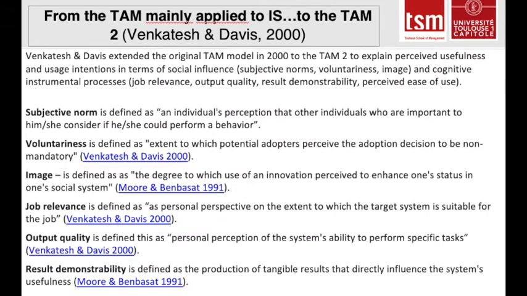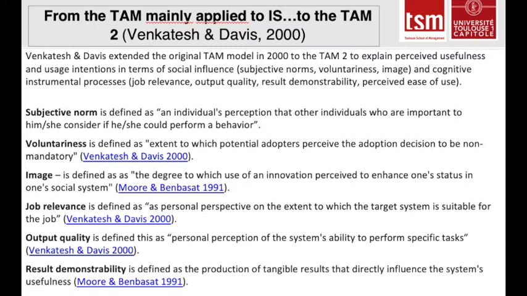Venkatesh and Davis extended the original TAM model in 2000 to the TAM 2 to explain perceived usefulness and usage intentions in terms of social influence, that is subjective norms, voluntariness, image, and cognitive instrumental processes, that is job or task relevance, output quality, result demonstrability, perceived ease of use.